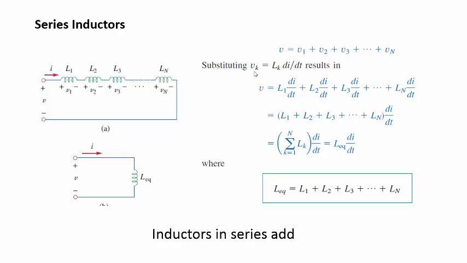I substitute that the voltage is L di/dt into KVL. The L's factor out because di/dt is the same everywhere, and I get a nice equation with the sum of the inductances times di/dt. So from this you can glean that the equivalent inductance is the sum of the inductors when the inductors are in series. So inductors in series add.